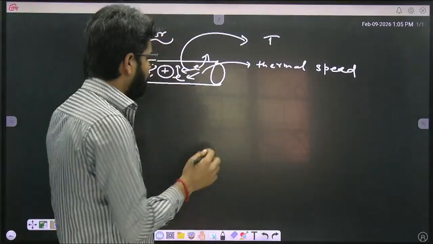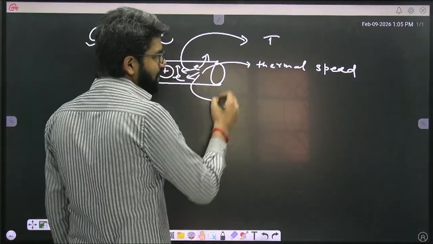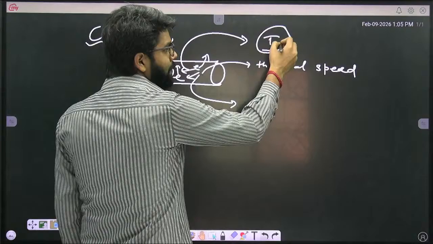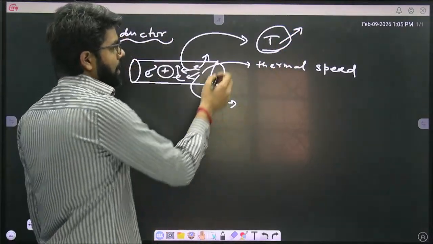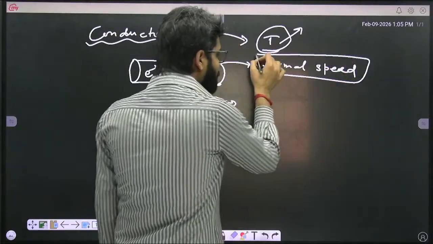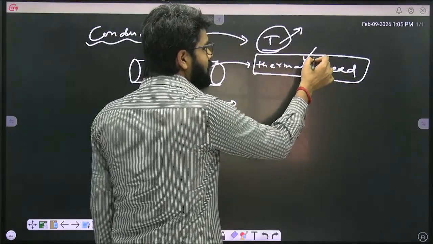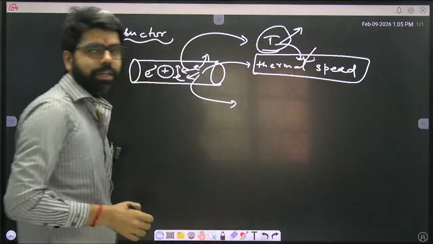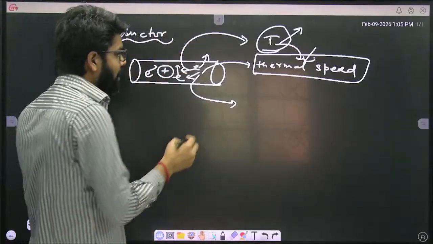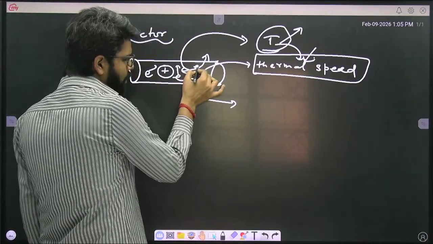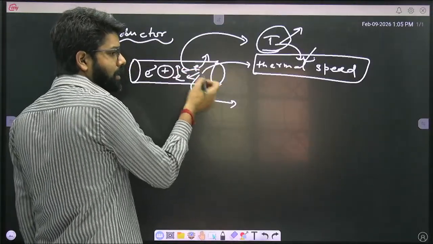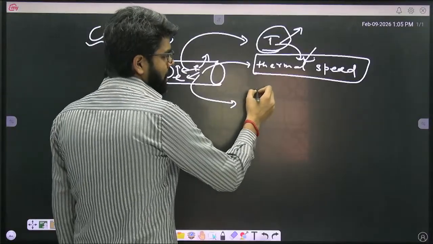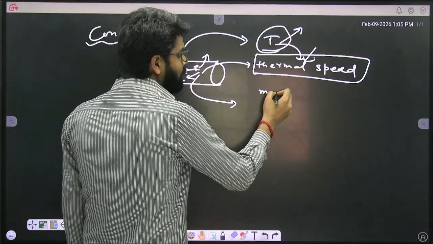Few terms related to this we will understand: their collision depends on the temperature. The more the temperature, the more the collision, and the random motion is due to the thermal speed. The thermal speed comes due to the temperature, and then when the electrons or the positive ions collide with the electrons, they have some mean free path.